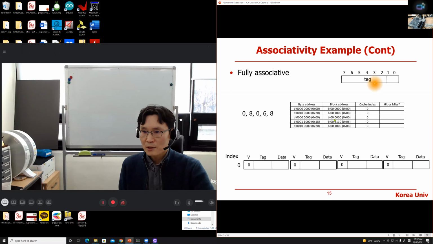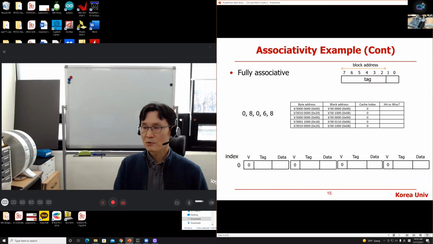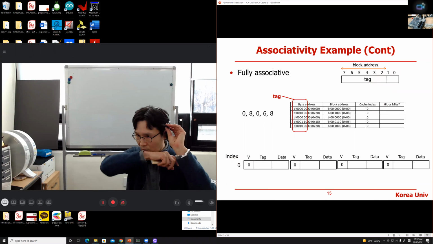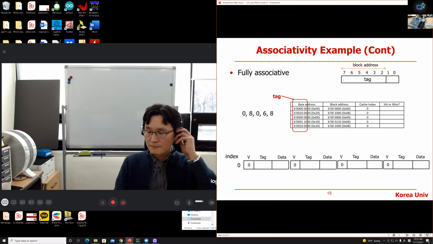So we have no choice. That same set is selected all the time, right? So no index field here. So from block address, okay, tag field. So let's execute these 5 memory read instructions.